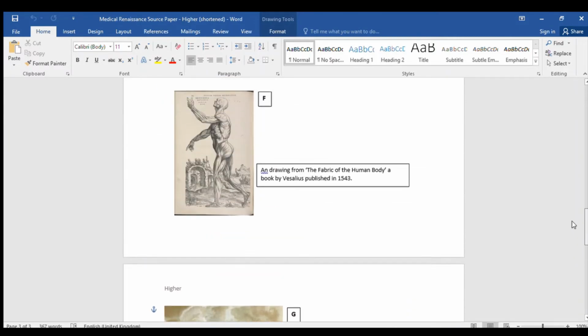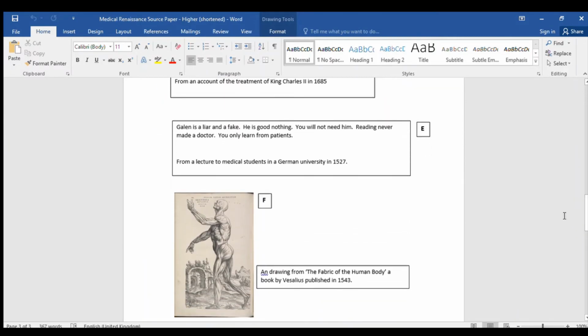Source E is by a lecturer, somebody who teaches in a university, and he is teaching medical students, so he's basically teaching people to become doctors. From what I've told you about Galen, are you surprised that somebody teaching people to be doctors would be saying such things about Galen? That's what the question is asking you.